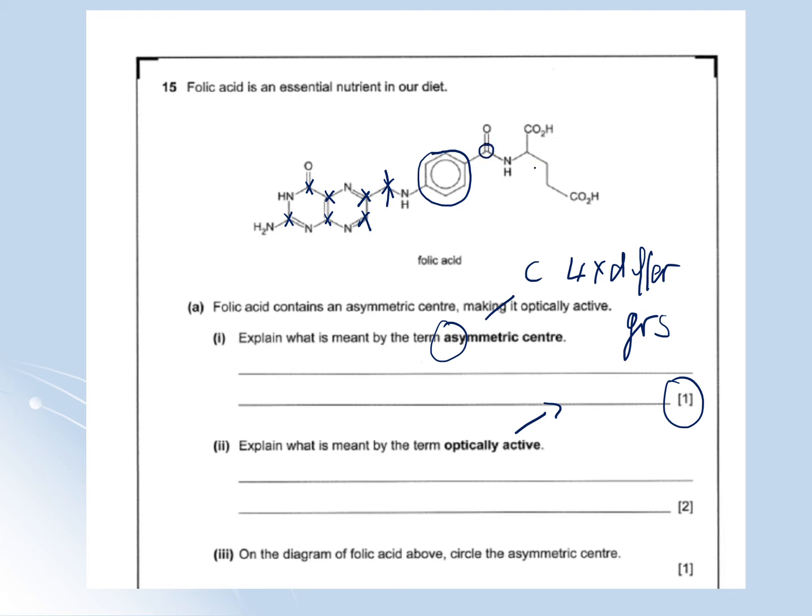Rule it out. Okay, let's go to the end. This is a carboxylic acid group, COOH. Any carbon in a carboxylic acid group can only ever have 3 groups on it. Rule it out. There's another carboxylic acid group. Rule it out. This is a carbon with 2 hydrogens. Rule it out. This is a carbon with 2 hydrogens. Rule it out.